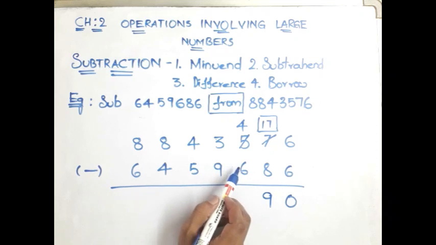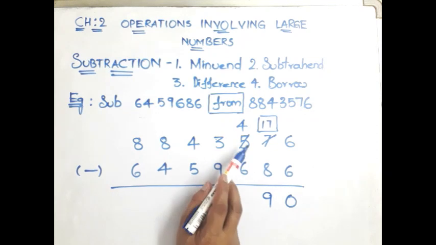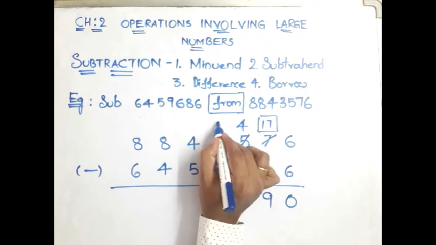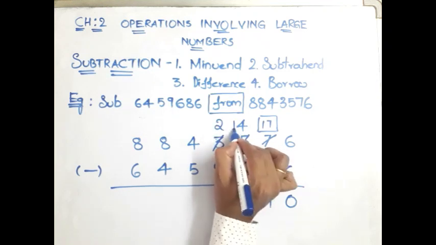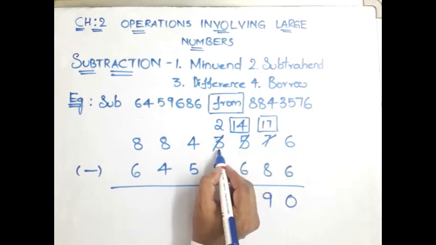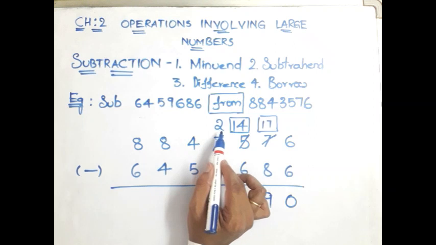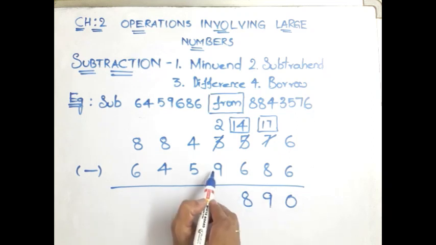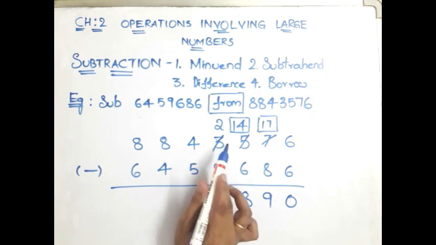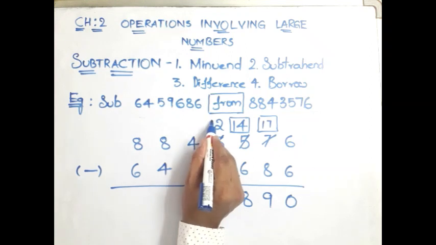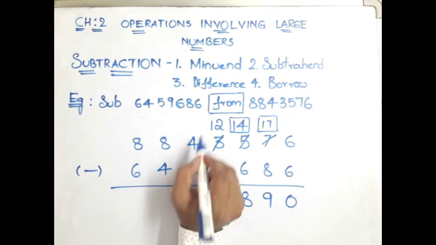Again, we got the same problem that we can't subtract 6 from 4. For that reason, what will you do? From 3, you will give 1 to this. Then this will become 14. As we have taken 1 from 3, it becomes 2. Now 14 minus 6, it is 8. Now again we have to subtract 9 from 2, which is not possible. So you will borrow 1 from 4, so it will become 12.